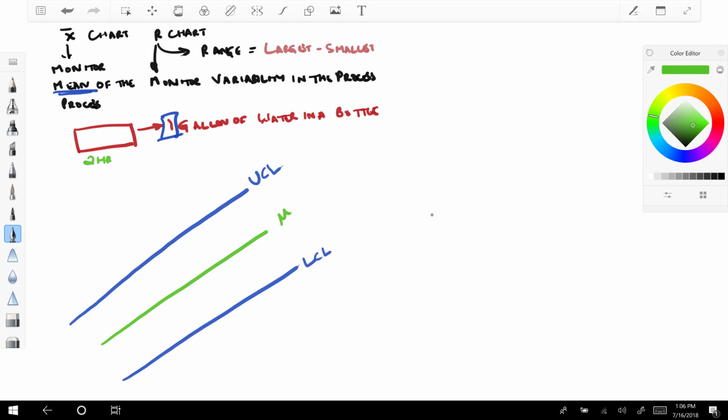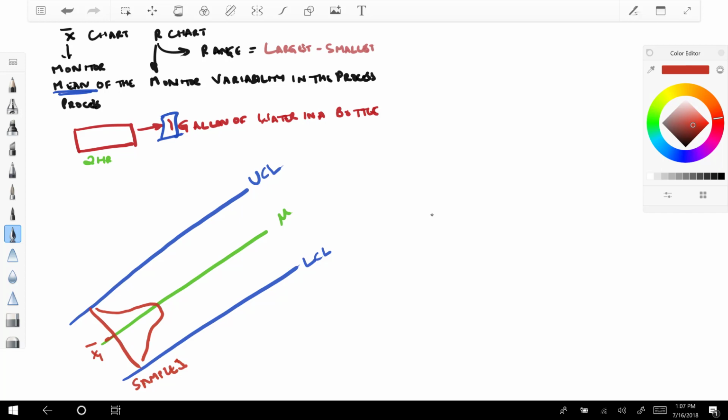So if we take a sample at the end of the second hour, this is sample 1, and our distribution of those samples should lie within the control limits. So for sample 1, this would be x1 bar, nearer to the mean.